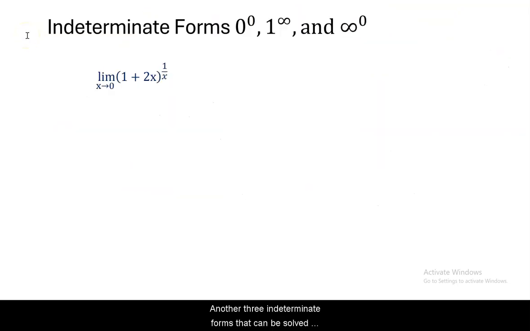Another 3 indeterminate forms that can be solved using L'Hopital's rule are 0 to the power of 0, 1 to the power of infinity, and infinity to the power of 0. If you're trying to find a limit that is in one of these 3 indeterminate forms, we can also use L'Hopital's rule.